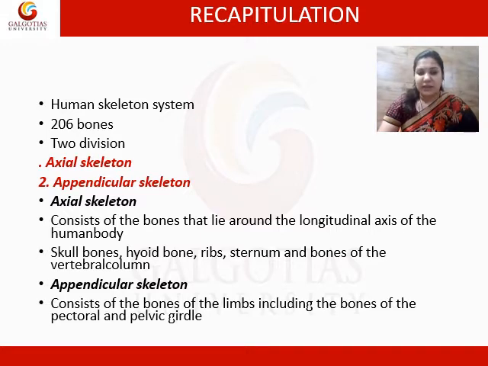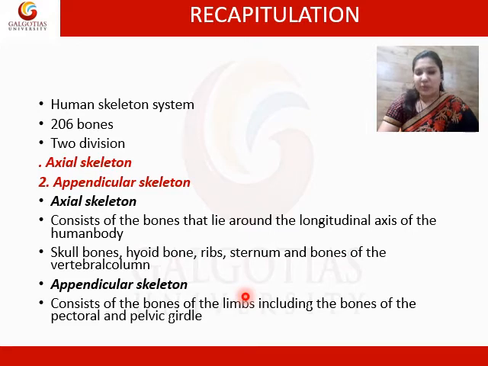The axial skeleton consists of bones that lie around the longitudinal axis, meaning the bones of the skull, the hyoid bone, ribs, sternum, bones of the vertebral column, etc. And the appendicular skeleton consists of bones of the limbs, including the bones of the shoulder or pectoral girdle and the pelvic girdle. So these two are the basic classification of the human skeleton which we discussed in our last class.